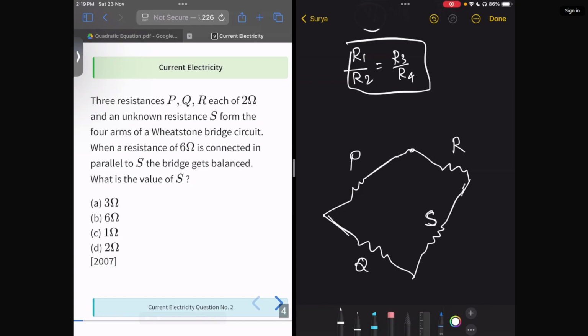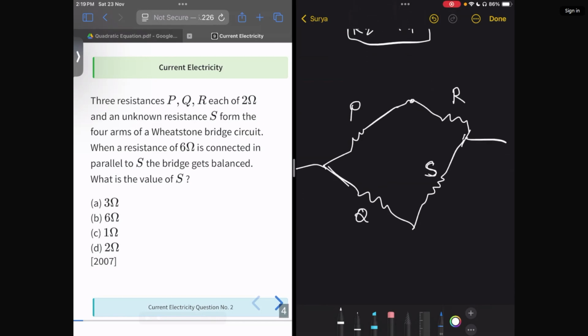We don't know the unknown resistance, and we don't know whether it is balanced or not. It is still a Wheatstone bridge, and there is a galvanometer here to measure. They are saying that if I add 6 ohms of resistance parallel to S, then it will get balanced.